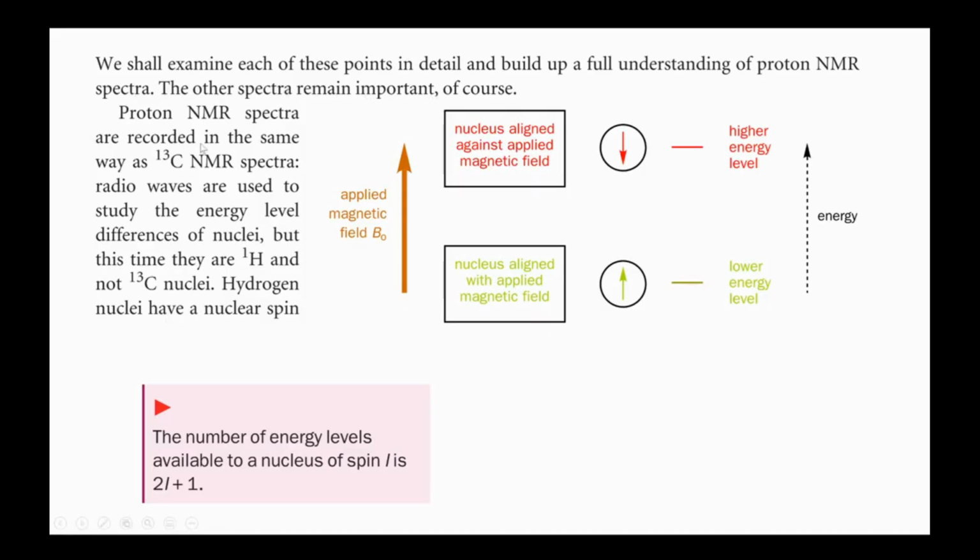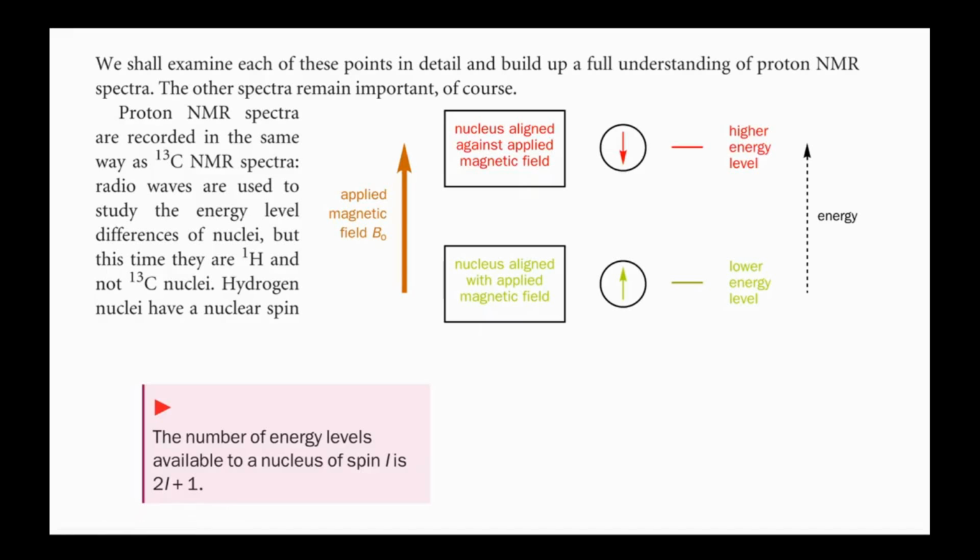Proton NMR spectra are recorded in the same way as C13 NMR spectra. Radio waves are used to study the energy level differences of nuclei, but this time they are proton and not C13 nuclei. Hydrogen nuclei have a nuclear spin, so this is the basic. The number of energy levels available to a nucleus of spin I is 2I plus 1. That's the formula.